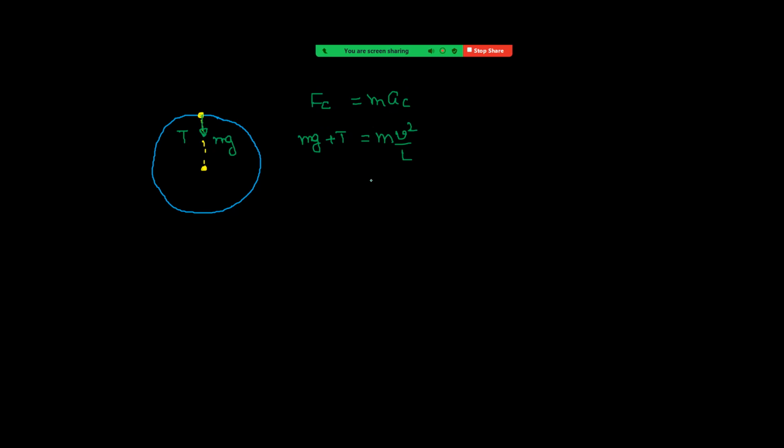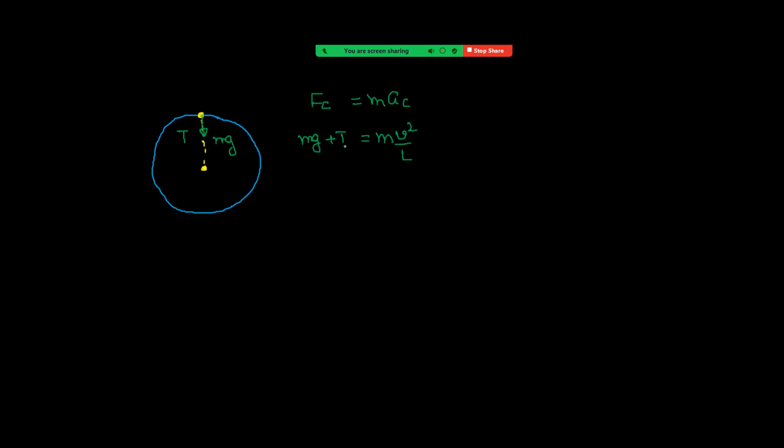Right. Now the question is, what can be the minimum speed? From this equation, if you observe, mass is constant, mg is constant, L is a constant. V depends on tension. If tension is a minimum, V becomes minimum, right?